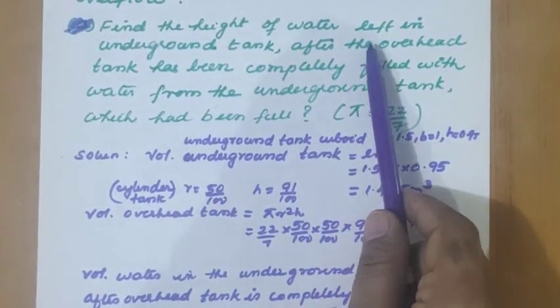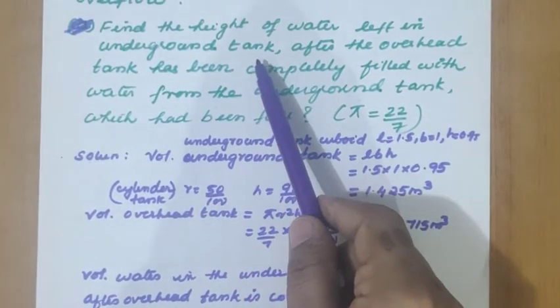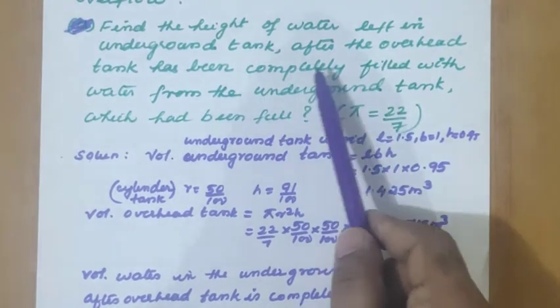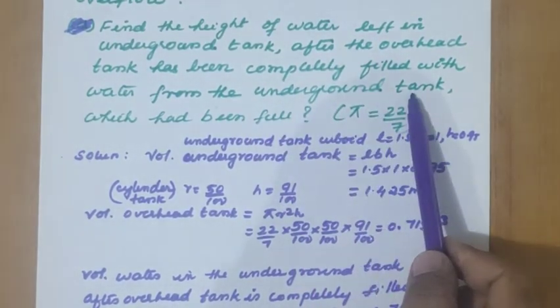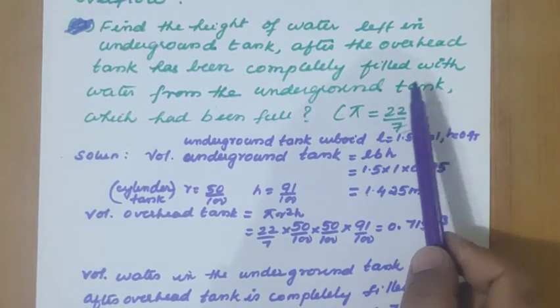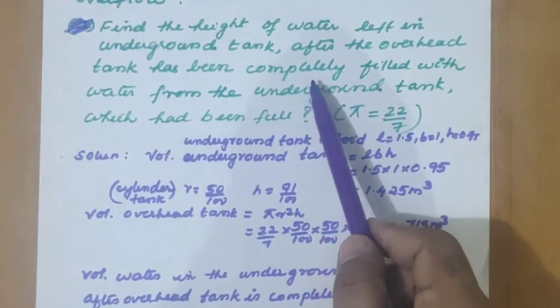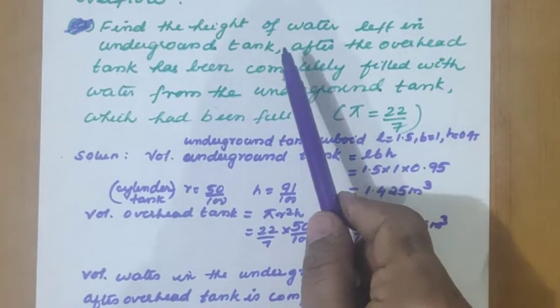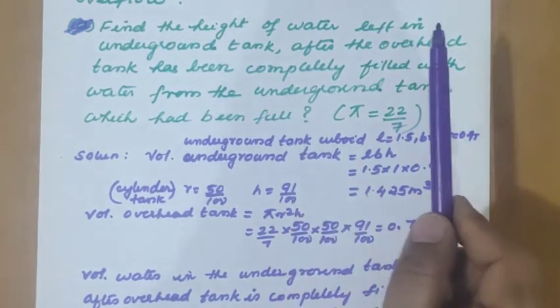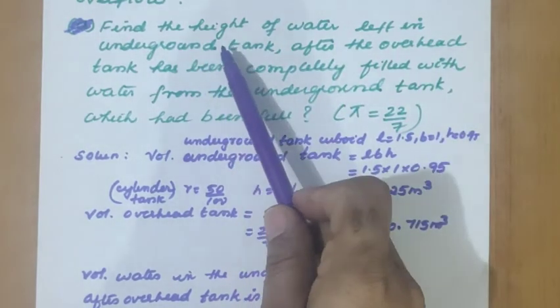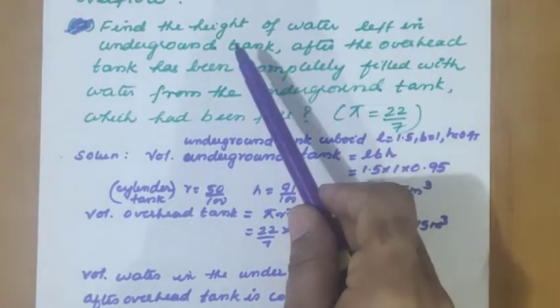Find the height of the water left in the underground tank after the overhead tank has been completely filled with the water from the underground tank. The water is taken from the underground tank, and once the overhead tank is filled with water, how much capacity is remaining in the underground tank? That is the question. Once again, find the height of the water left in the underground tank.